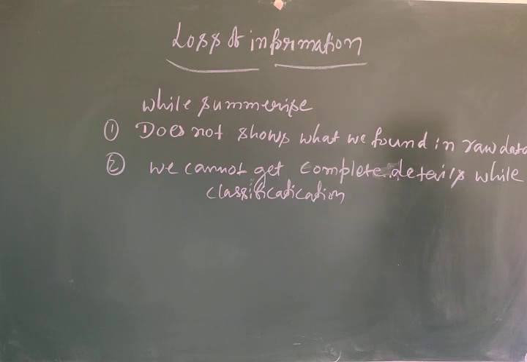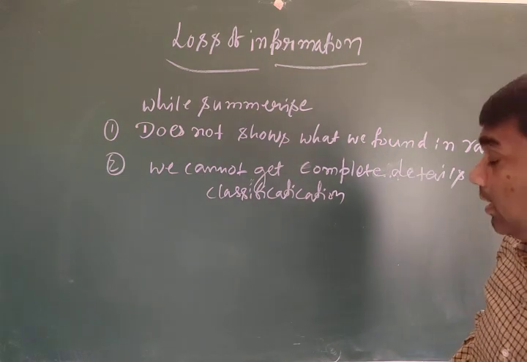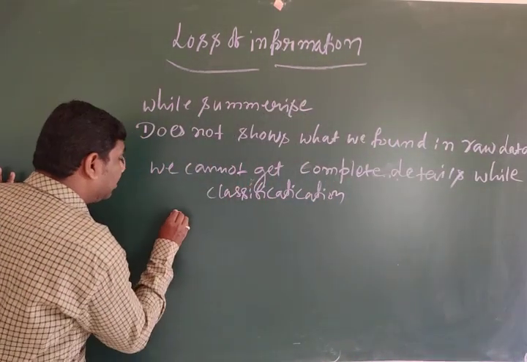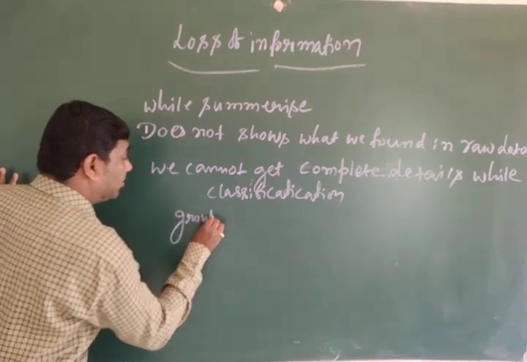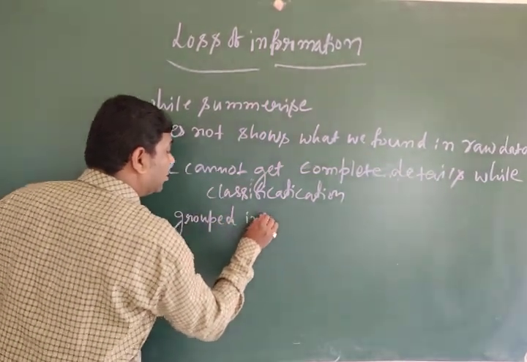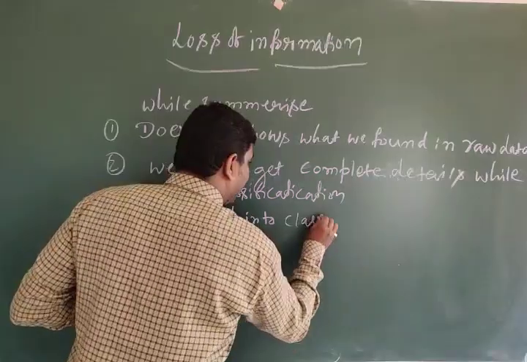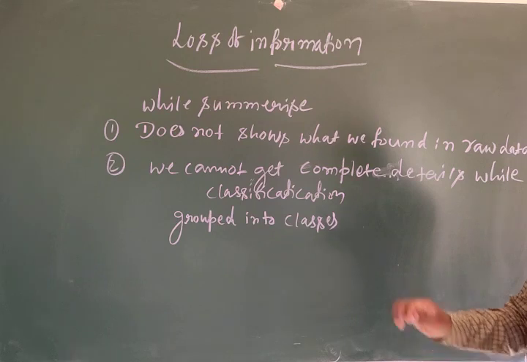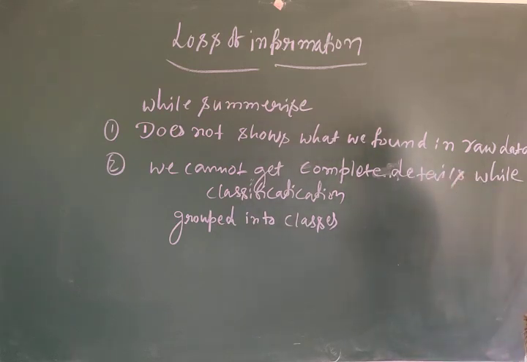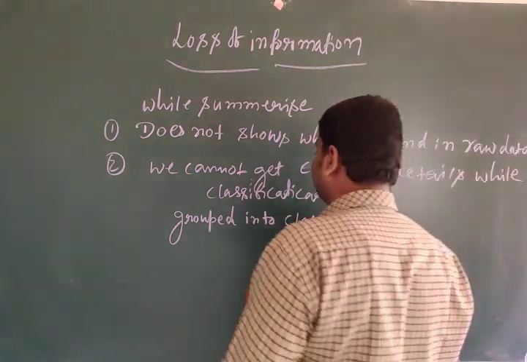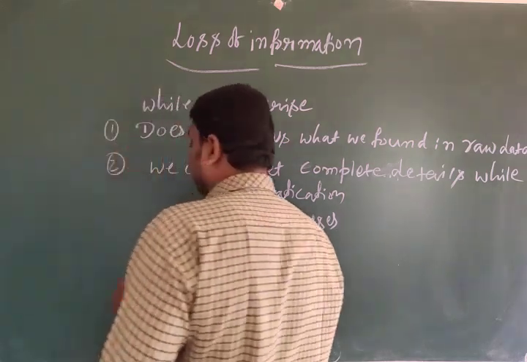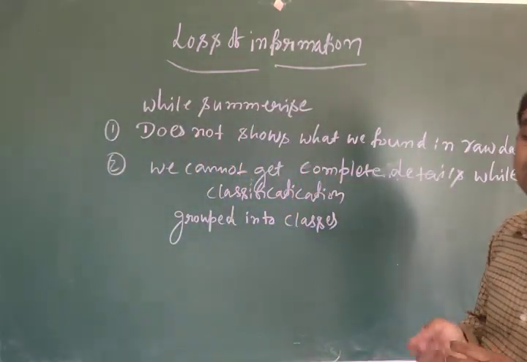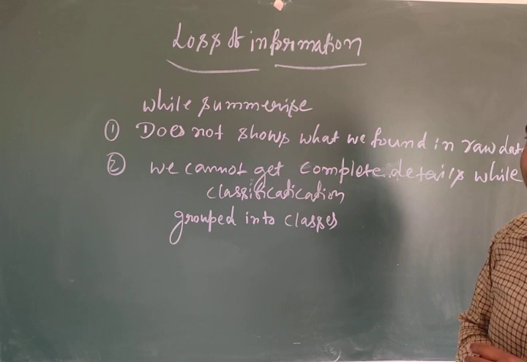Once the data is grouped into classes, an individual observation has no significance. For example, remember the tally marking table.